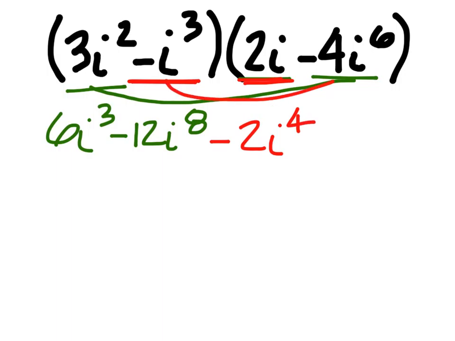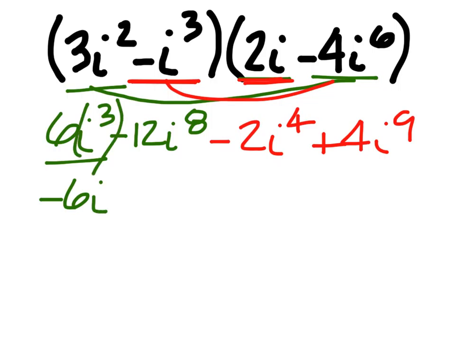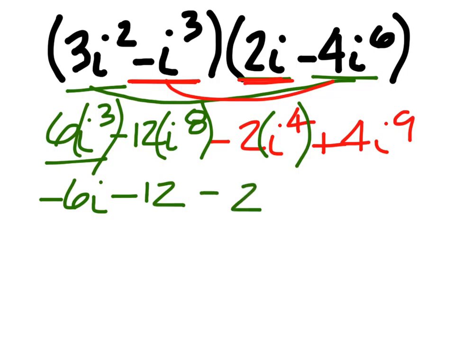And then from here to here we have plus 4i to the 9th. So now when we simplify, this will give us a negative 6i, because i to the 3rd is negative i. And then i to the 8th is 1, so we have minus 12. i to the 4th is 1, so it's minus 2, and i to the ninth is i. So it's 4i.